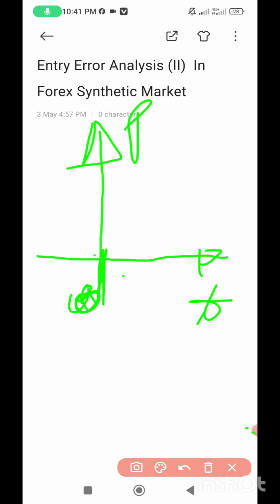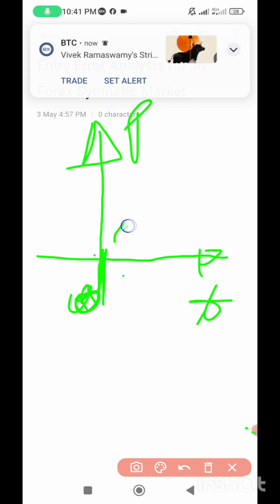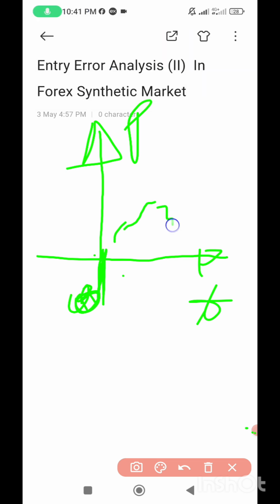So when price moves like this, it is an uptrend market. Price gradually moves up and then starts dropping by a retracement vector, and then pushes up again, stops, and starts dropping by the retracement vector.